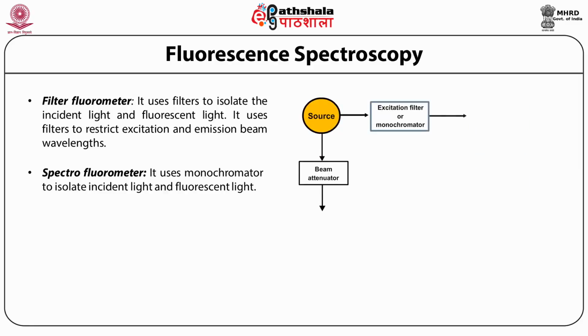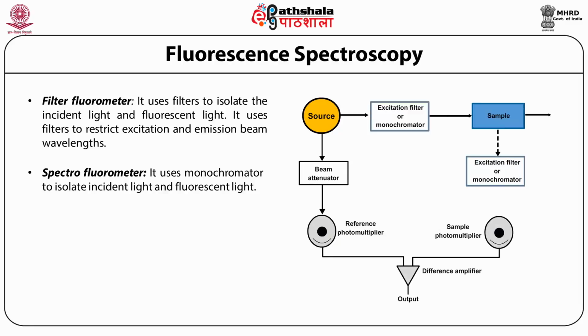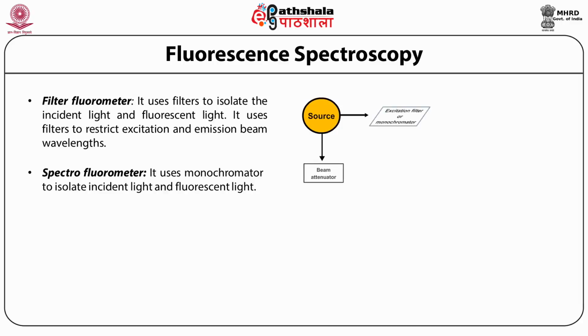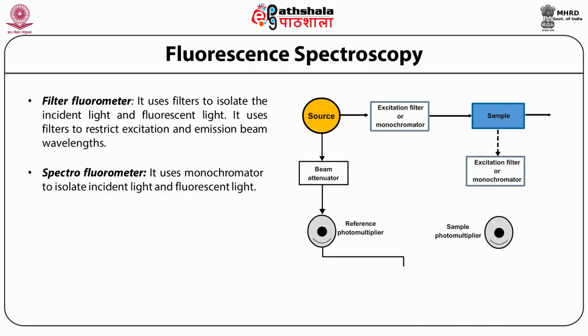Such instruments are also capable of measuring the variation of emission intensity for the fluorescence excitation spectrum. Generally, fluorescence spectrometers use double beam optics to compensate for power fluctuations in the source.